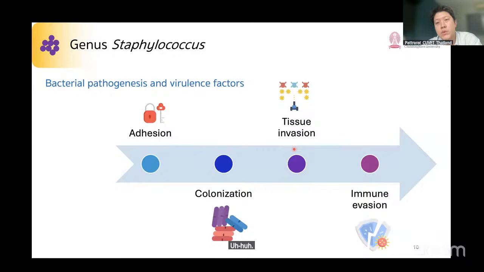The toxins will destroy the tissues or the host cells and induce inflammation. So the next is tissue invasion. And of course, the pathogenic bacterial species need to evade the immune system or the immune response from the host by different methods.